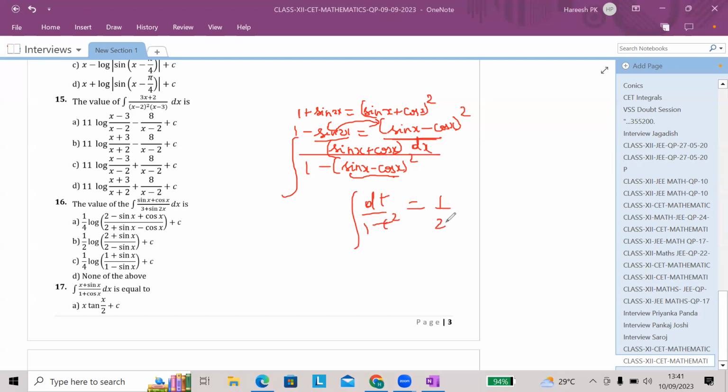This is 1 by 2a. This is like a square minus x square: 1 by 2a log mod a plus x by a minus x. A is 1 here. So 1 plus t by 1 minus t. And for t, we substitute sin x minus cos x.